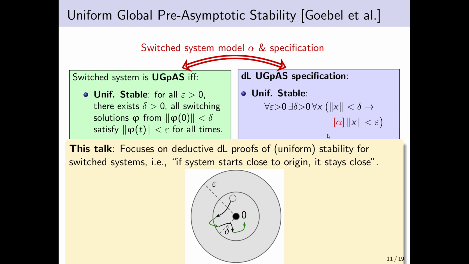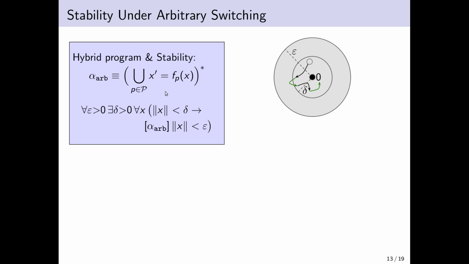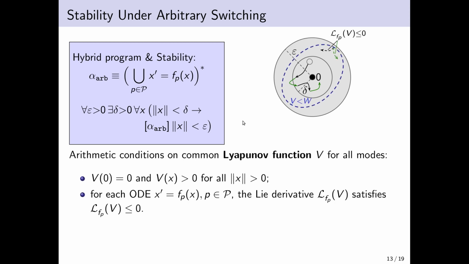Now that we have our switch system model, as well as our stability specification for the switch system, we can also look at how to actually prove these stability specifications.